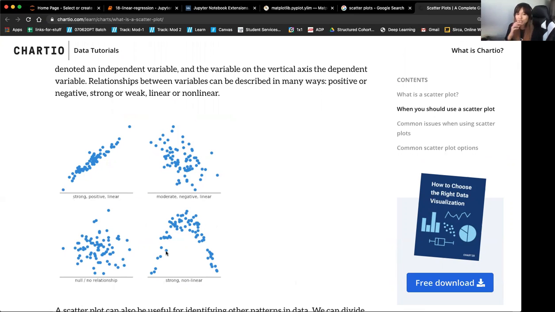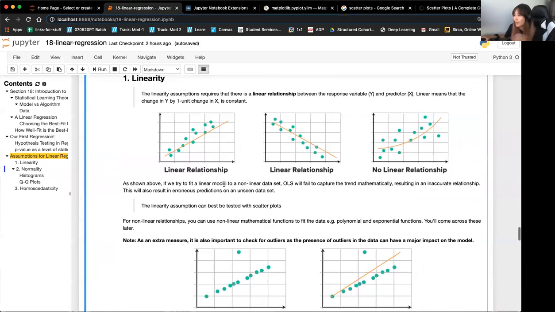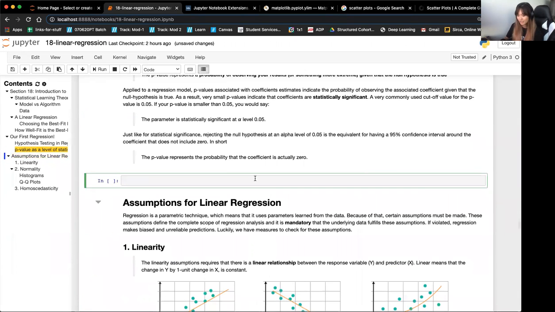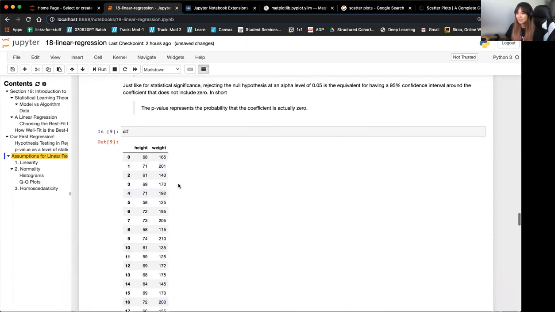There are two ways you can check for this. One, literally plot the scatter plot and eyeball it. Or two, you can use the correlation coefficient, which you can do if you have a lot of variables, which we'll talk about on Thursday. Let me see if I can make a cell here. Let's take a look at our data frame. Our data frame looks like this.